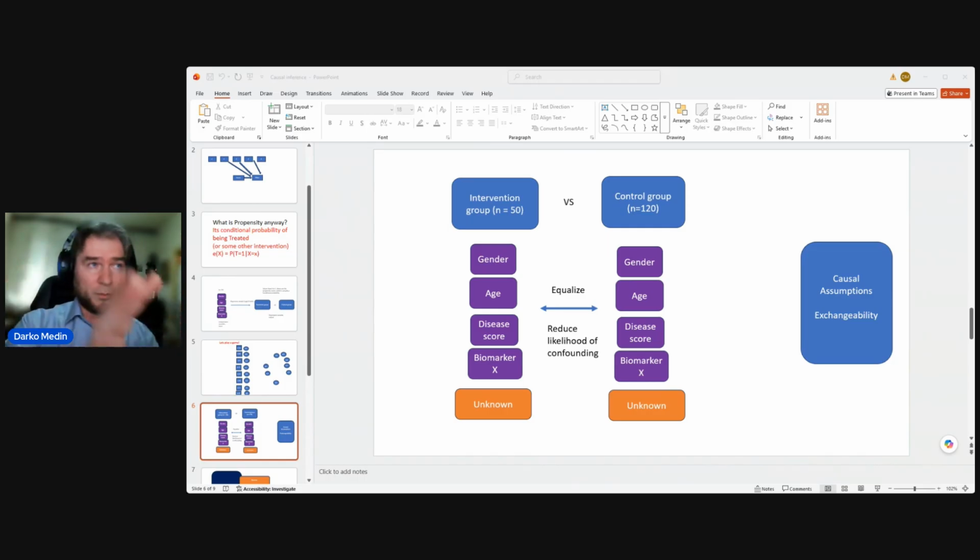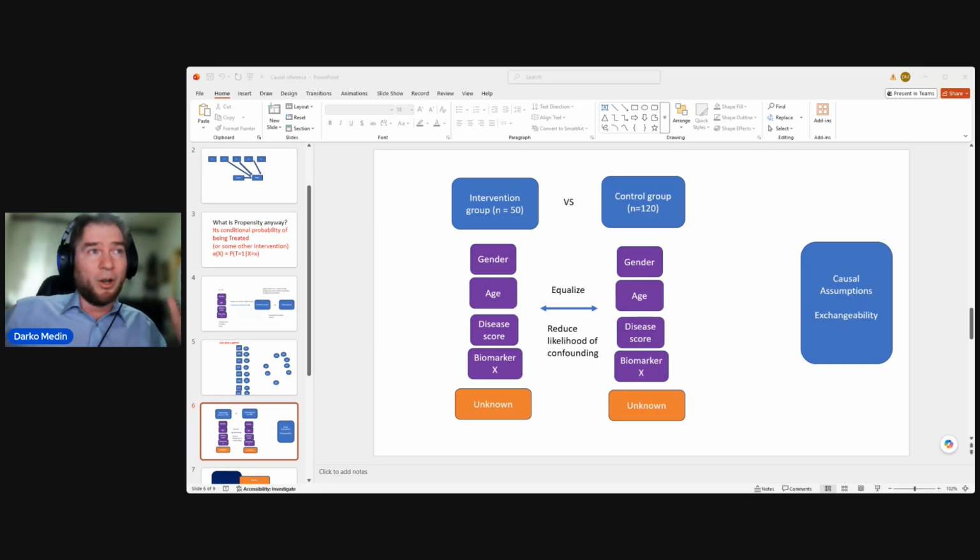So that's the difference between randomization and propensity score matching. Randomization corrects for both known and unknown sources of bias, but propensity score matching only corrects for known sources of bias, which means that now we have this unmeasured confounding, unknown, as a problem, and we have to deal with it.